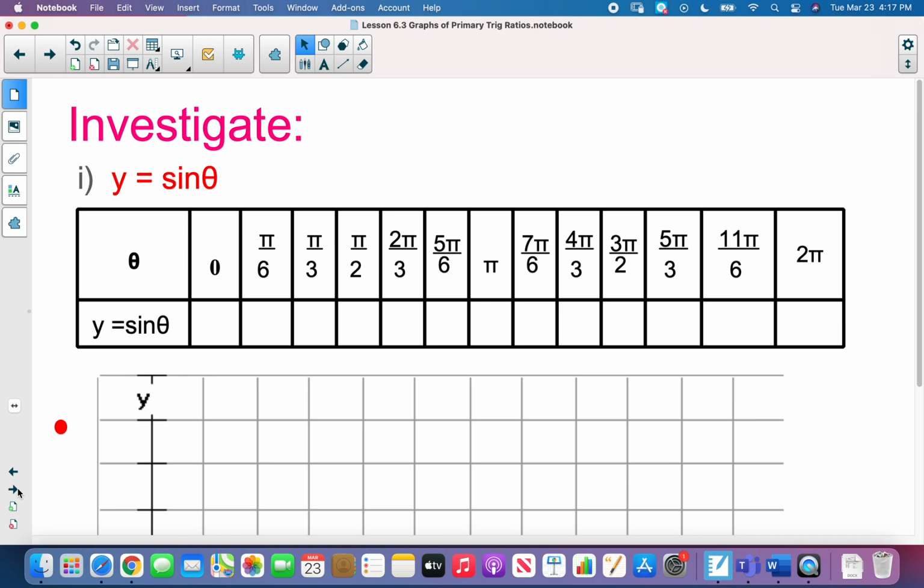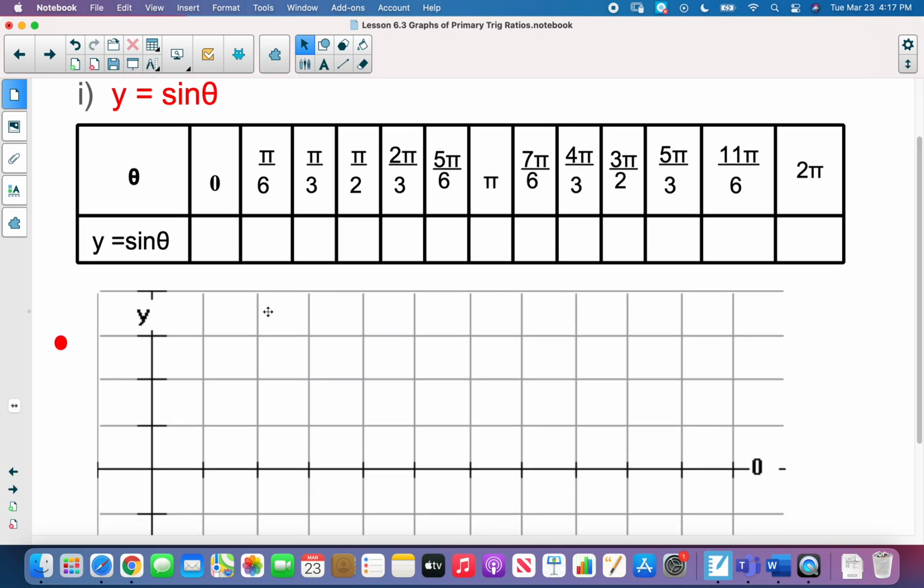I need you to have your graph paper ready and then fill first this table of values and then plot it. So we're going to use our measure in radians, 0. So if you look at this pi over 6, they're going up by 30 each time. That's 30, 60, 90, 120, 150, 180, and so on. So each time it's increasing by pi over 6.